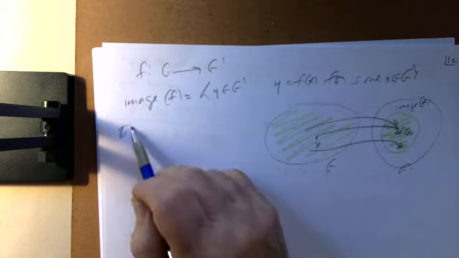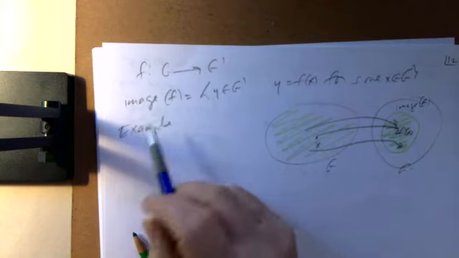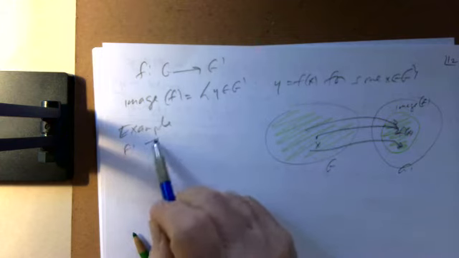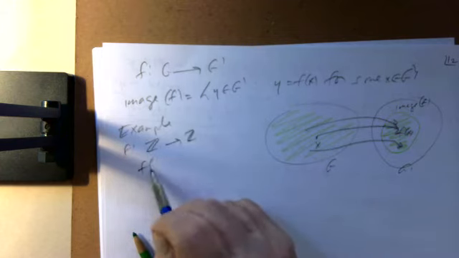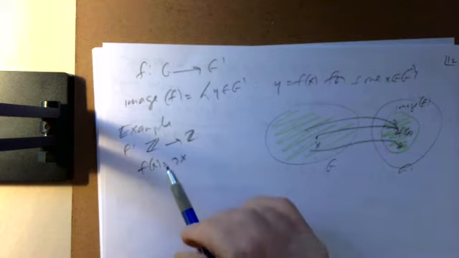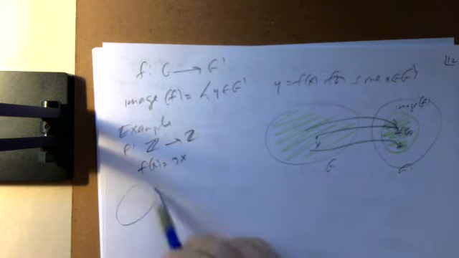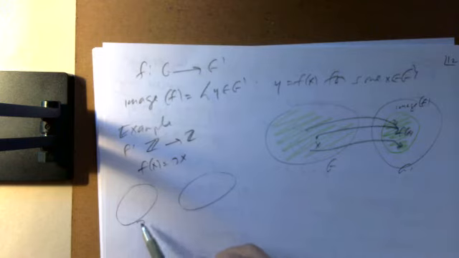So for example, we had seen before the homomorphism from Z to Z given by f of x equals 7 times x. So here's Z, here's Z, here's this homomorphism. What is the image of f?